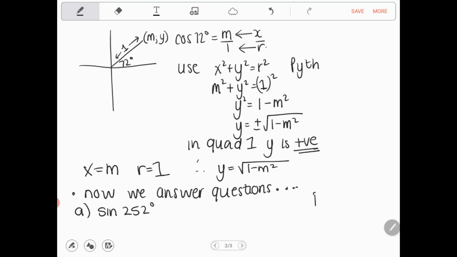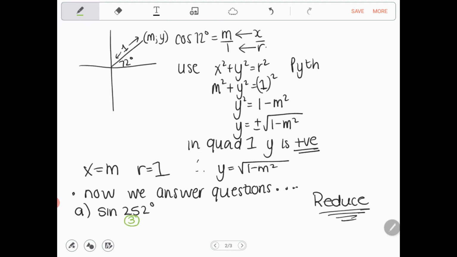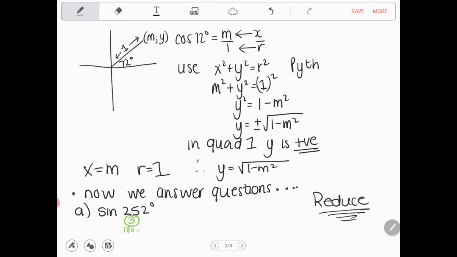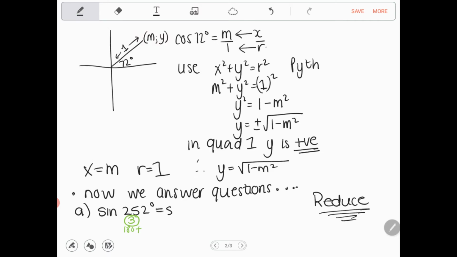And remember with trig, it's always reduce. We have to reduce to an acute angle. So we're going to identify which quadrant it's in. Sine 252 is in the third quadrant. So it's going to be 180 plus something. So this is going to be sine of 180 plus, and 180 plus what gives you 252, and it's going to be 72.